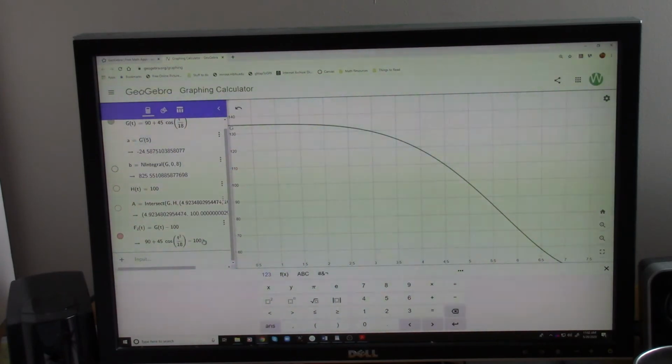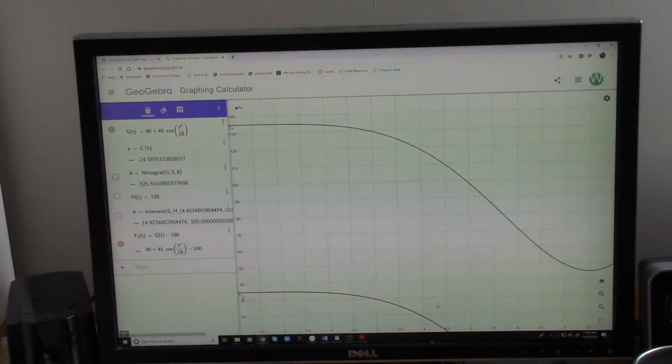Okay, something has gone horribly awry, but I cannot figure out what it is. G of t minus 100, but it didn't seem to do what I thought it was going to do. Oh, yes it did. I just am too stupid to realize that the function is down here now.